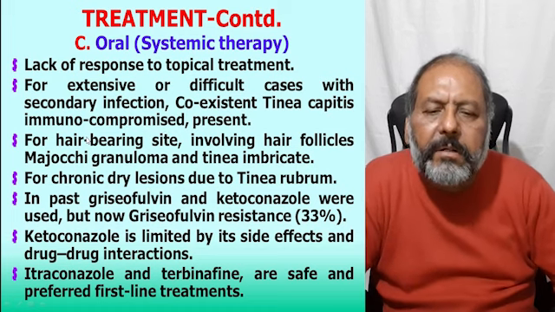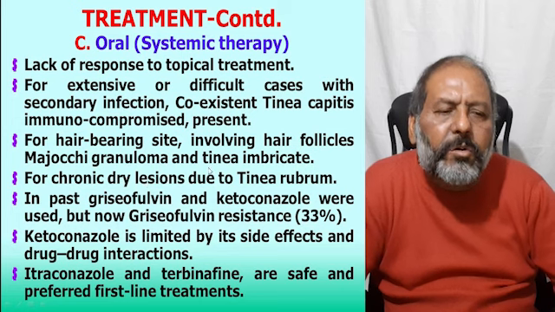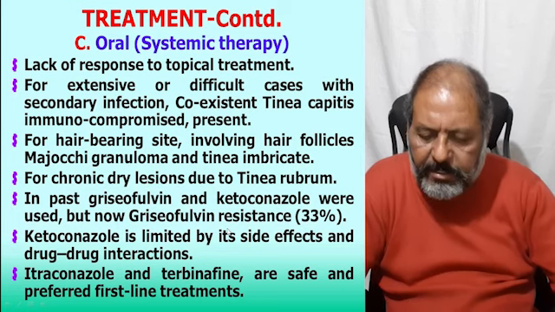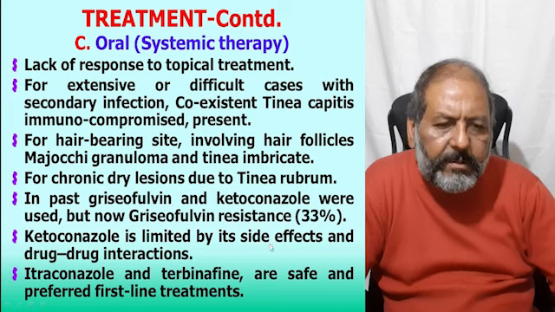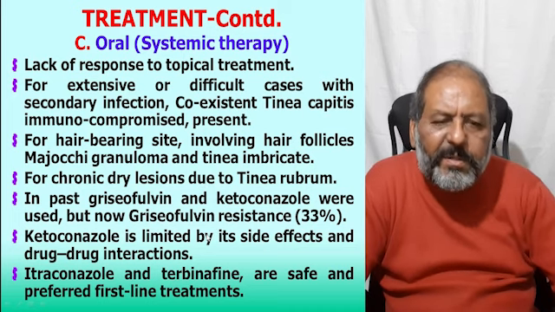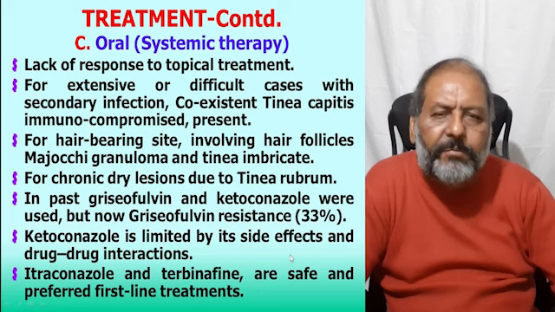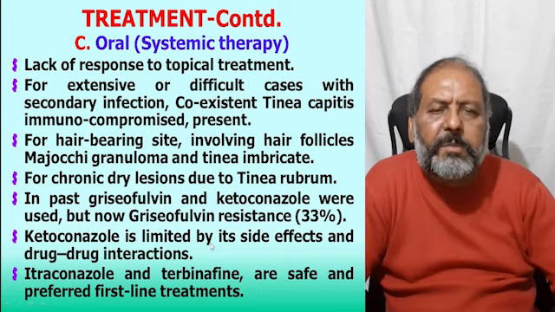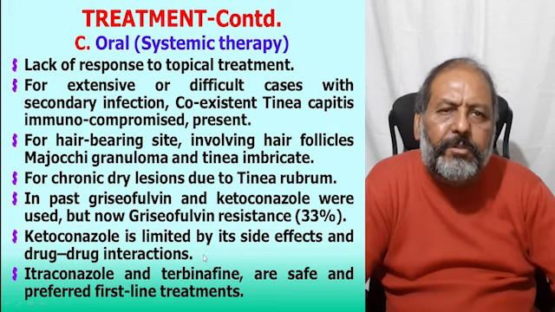In past, griseofulvin and ketoconazole were used, but nowadays, as griseofulvin resistance has been seen up to 33%, and ketoconazole use is limited by its severe side effects or liver toxicity and drug-drug interaction with many drugs as the patient is using.